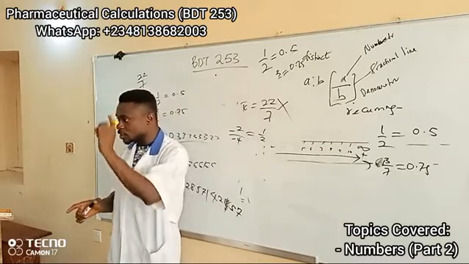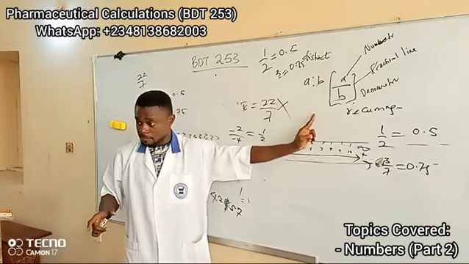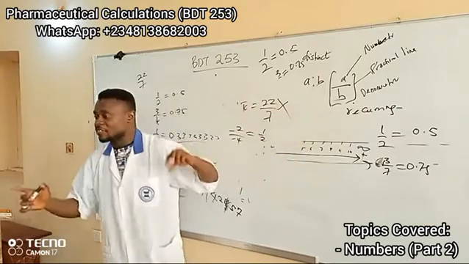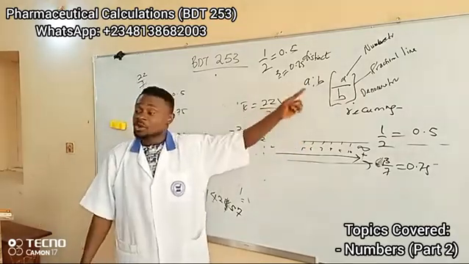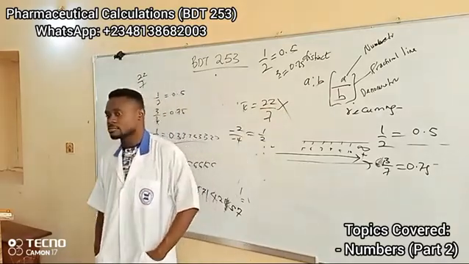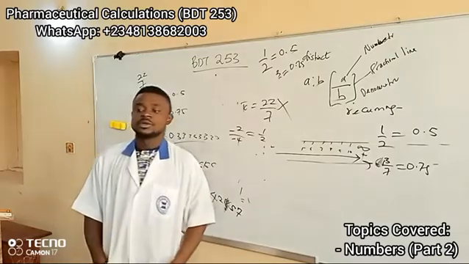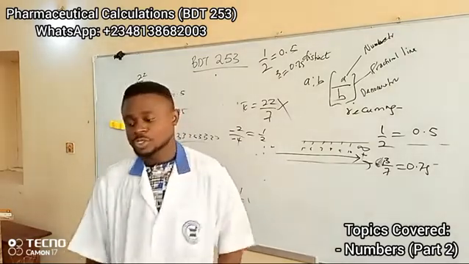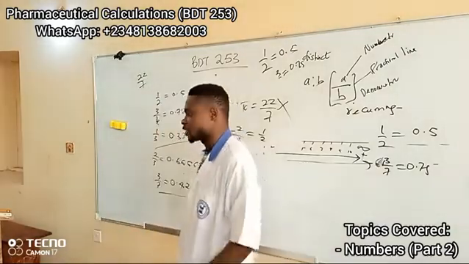Remember, common fraction is expressed in this form. So, a proper fraction is a fraction in which the numerator is less than the what? Denominator. That's a proper fraction.